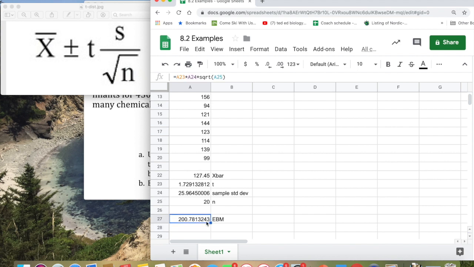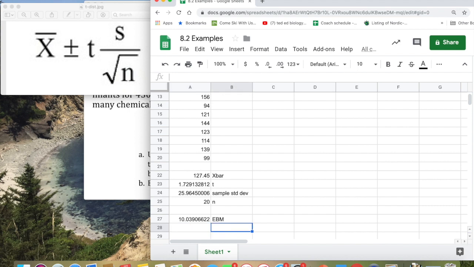Oops, 200 seems like an awfully large error-bound margin, so I realized that I multiplied by the square root instead of divided by the square root. So here we go. It's actually t times sample standard deviation divided by the square root of n, which gives us an error-bound margin of 10.04.